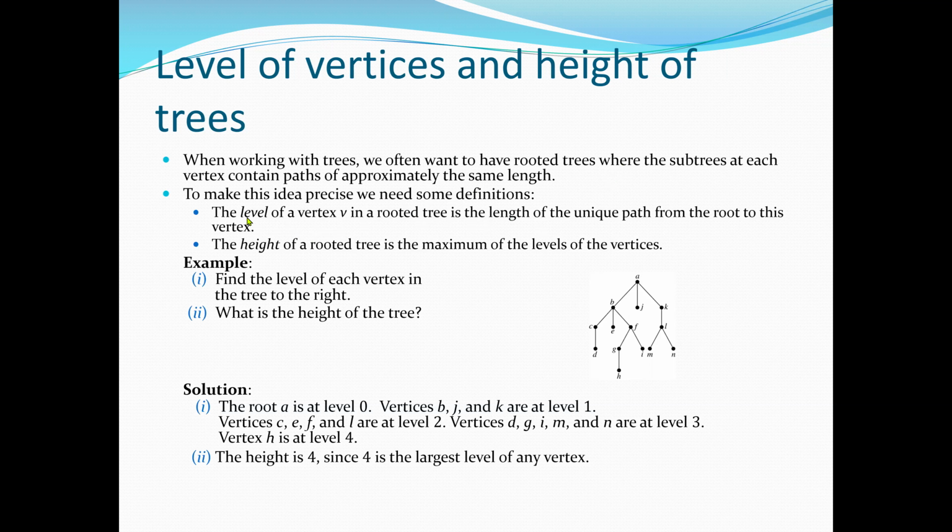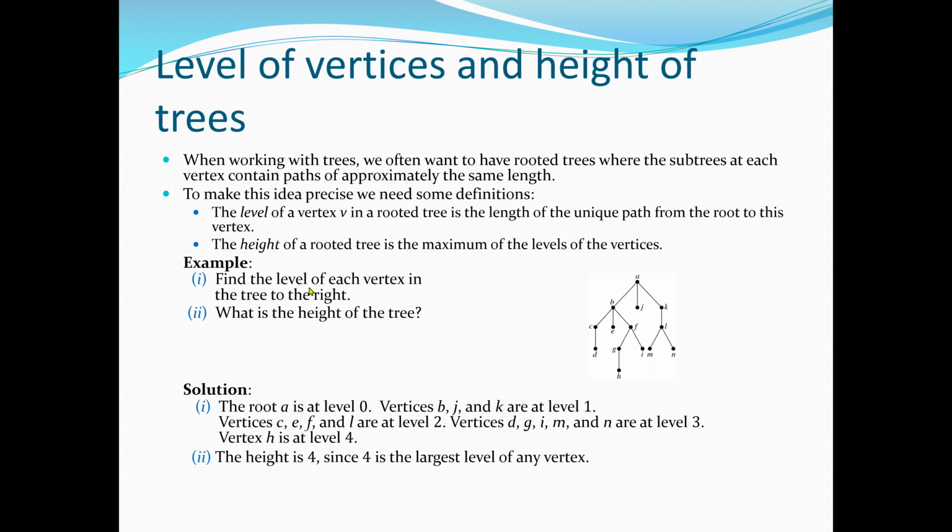First, the level of a vertex v in a rooted tree is the length of the unique path from the root to the vertex. Then the height of a tree is the maximum of the levels of the vertices. In this section, we are going to start the root as 0.